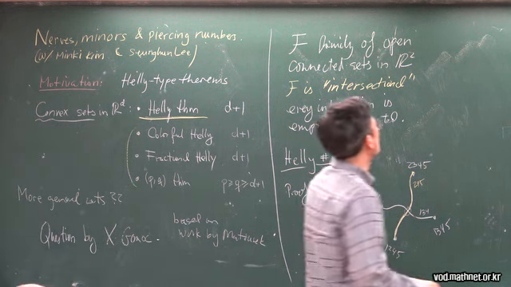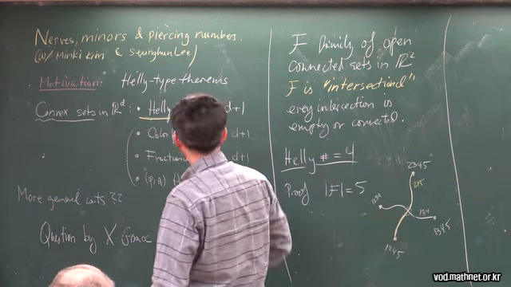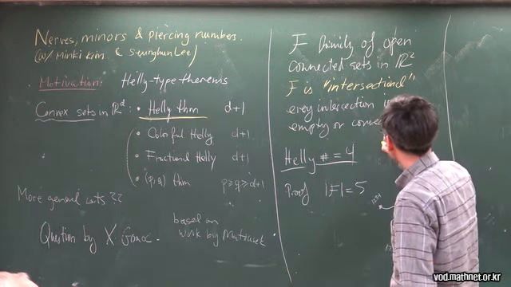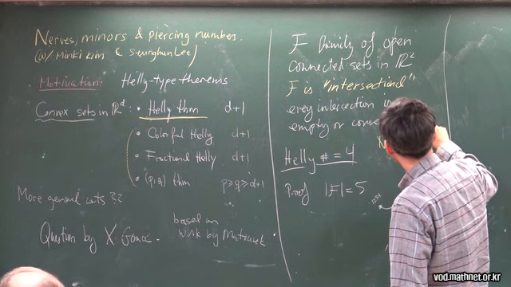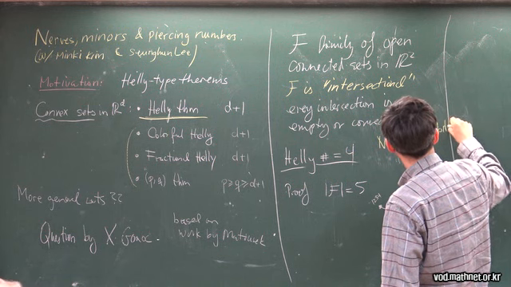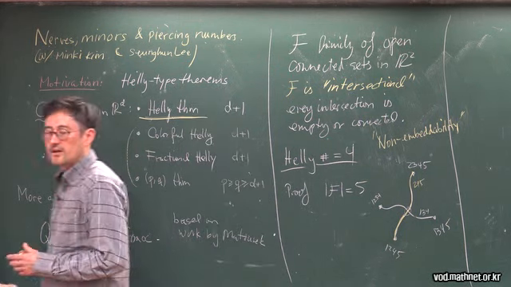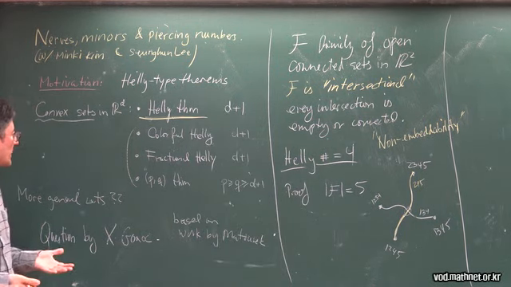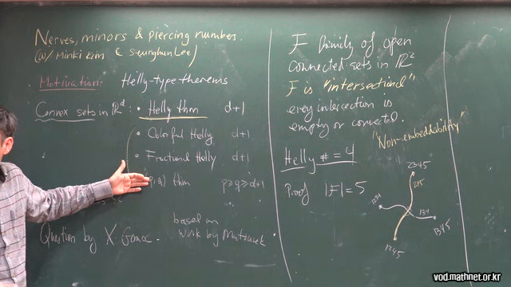So everything that they did here is based on what we can call non-embeddability. That's where it comes from. And nobody has been able to get these kinds of theorems from that non-embeddability.